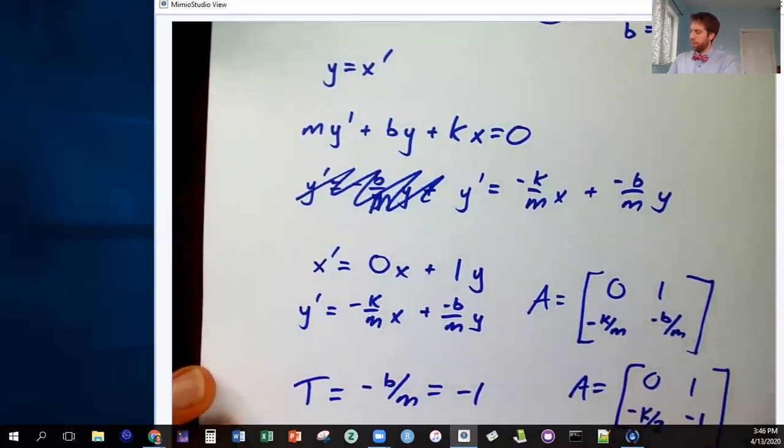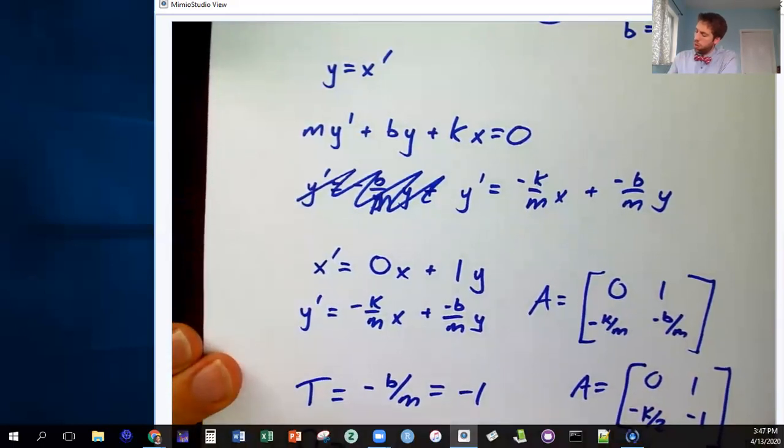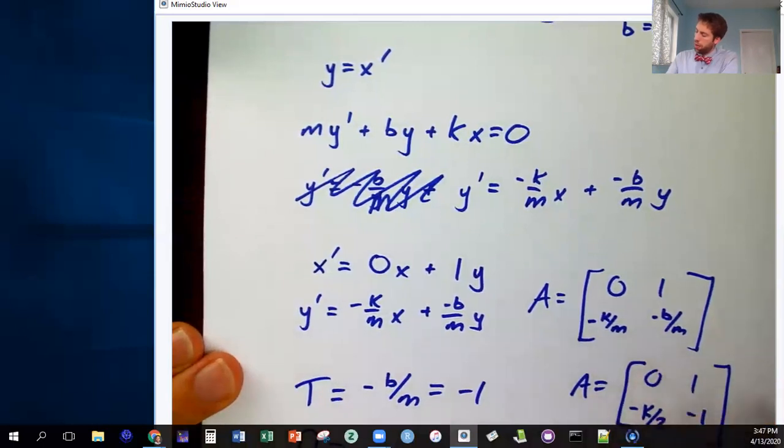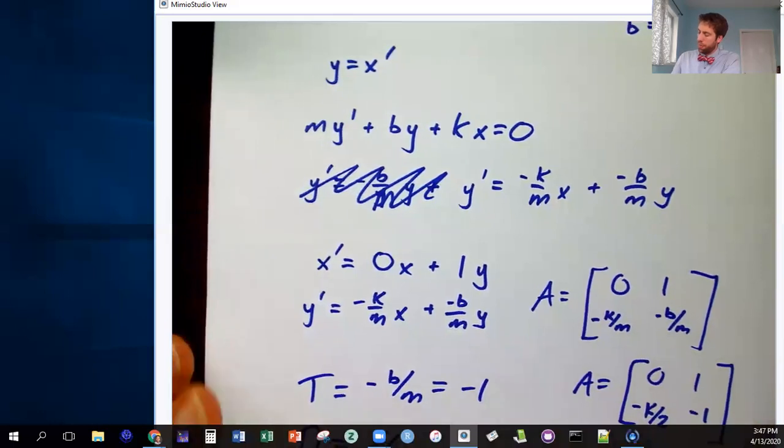So that means our trace is negative 1, and our determinant is 0 minus negative k over 2, so that makes it positive k over 2.